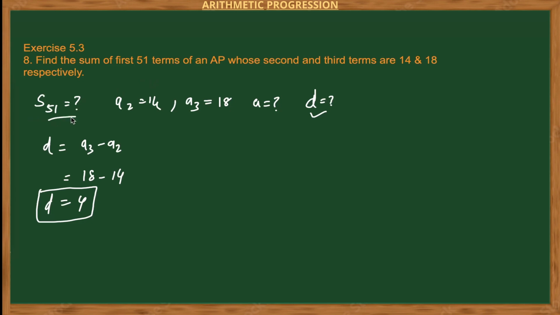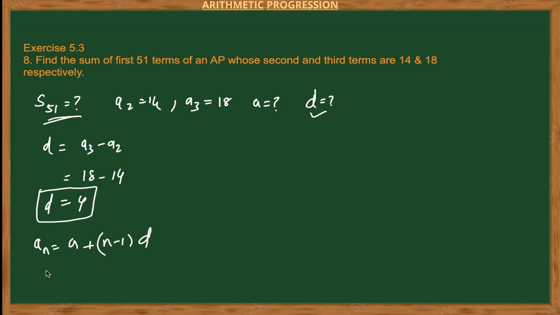So the next one we need to find is a. Once we get d, we know from the arithmetic progression, an is equal to a plus n minus 1 into d. It's always good to write the formula as much as possible, because for the formula also you get the marks. So always make a habit of writing it, even if you know it, keep repeating it. That's a good way, especially in maths. So always write the formula. an is a plus n minus 1 into d.